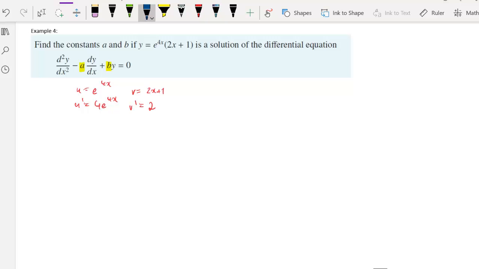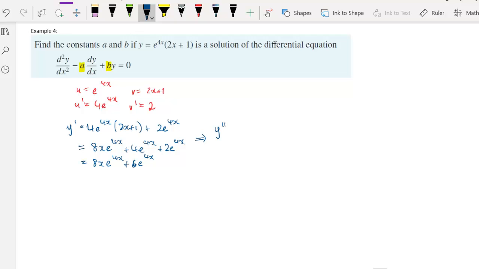So what we've got is 4e to the 4x multiplied by 2x plus 1 and plus 2e to the 4x. Okay, so that gives us 8x e to the 4x plus 4e to the 4x plus 2e to the 4x, which simplifies down to 8x e to the 4x plus 6e to the 4x. Now we'll also need the second derivative. So we'll need the derivative of this one.